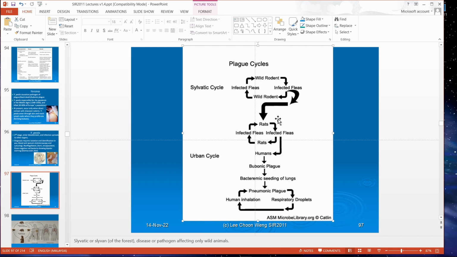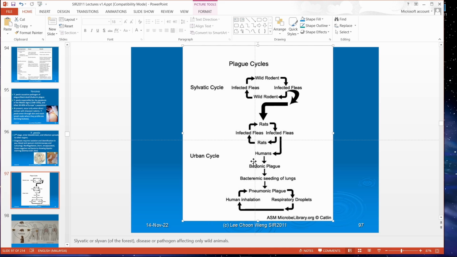You have the sylvatic cycle where the bacteria is just being transmitted among the rodents in the wild. Okay? But then sometimes it's passed on to the rats, and then if the rats go to the cities or towns, that's where you have the urban cycle. Okay?